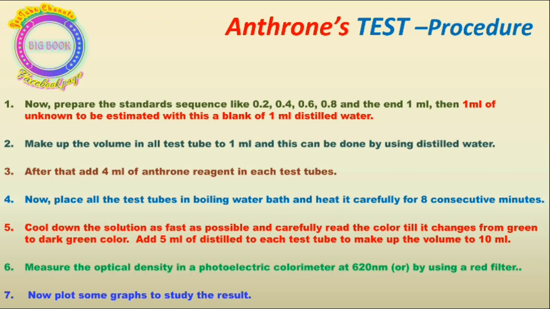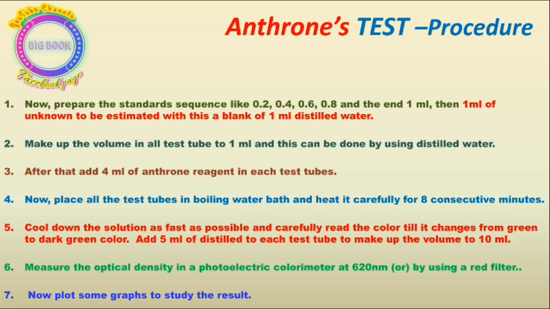Now we are going to prepare the standards in a sequence like 0.2, 0.4, 0.6, 0.8, and at the end 1 ml. We take 5 test tubes and add one more test tube to that, which is the 0 ml, the blank.